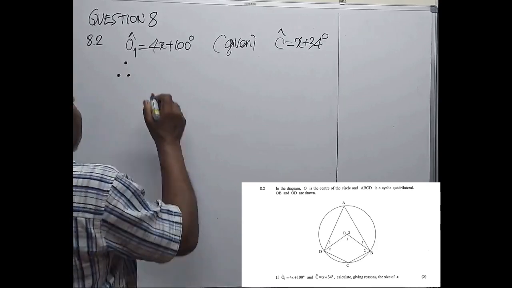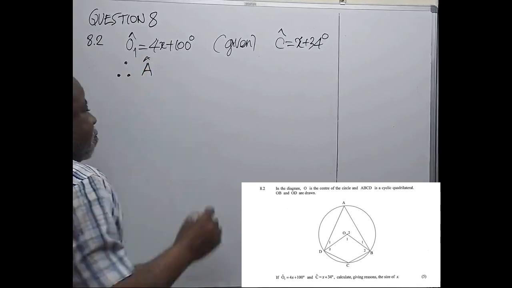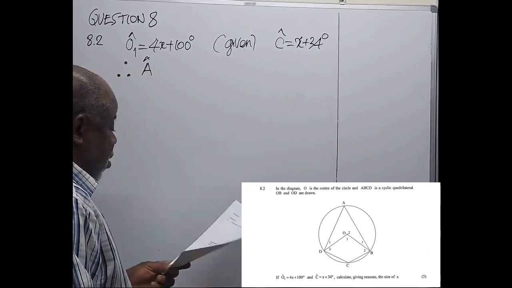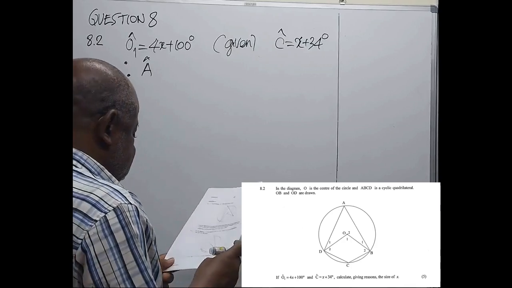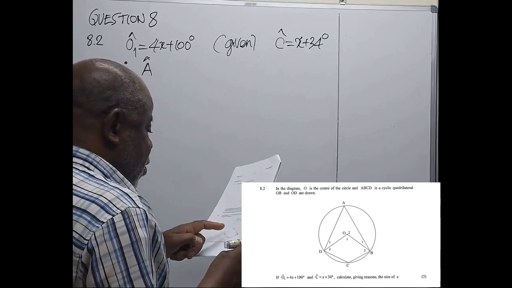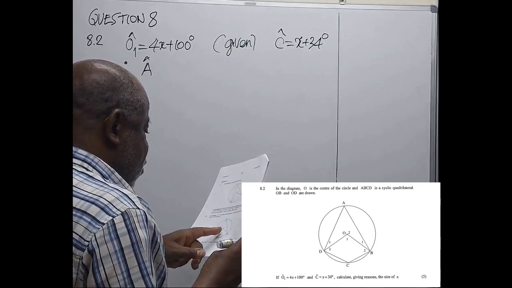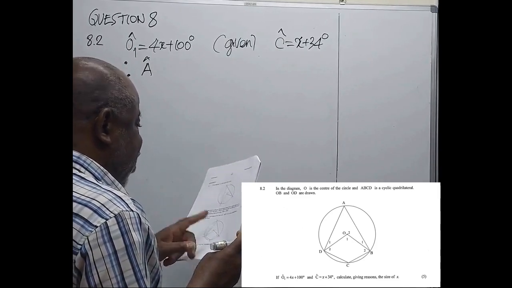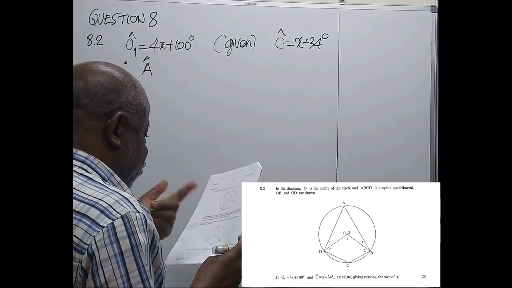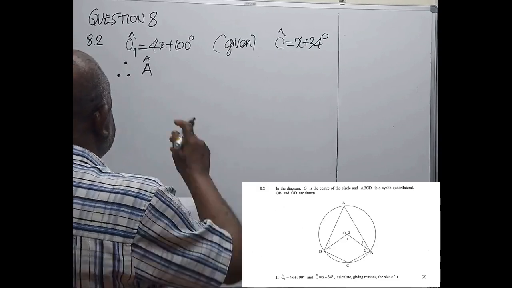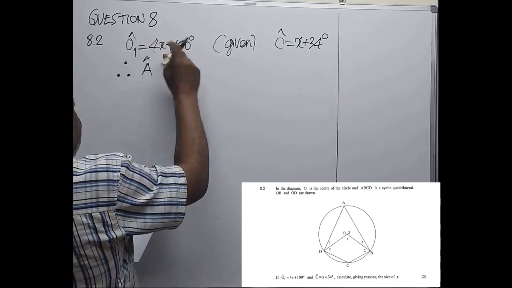Therefore, we're going to have that angle A. You watch on the graph, A is going to be half of O1 because O is at the center. So angle at the center is equal to twice angle at the circumference. So that's why A is going to be half of this.